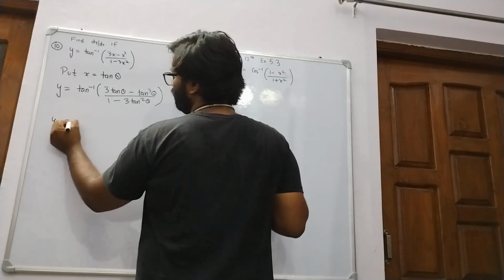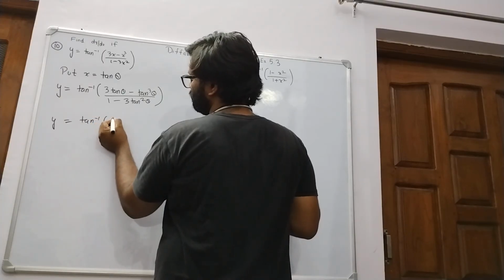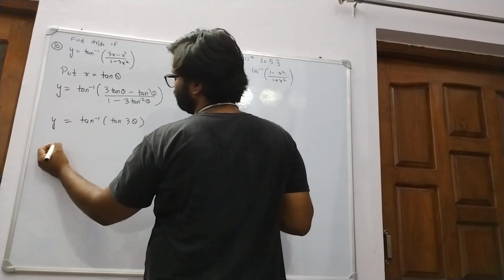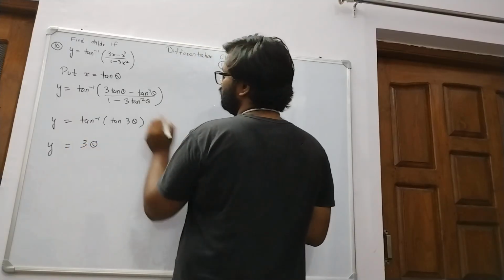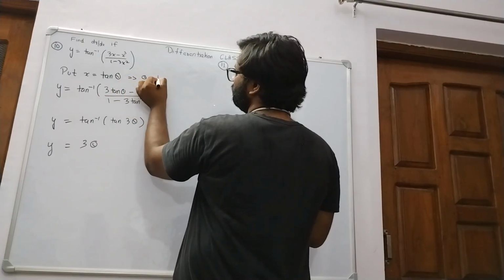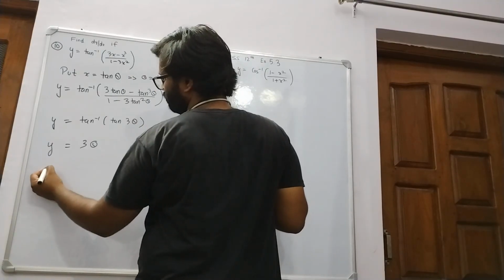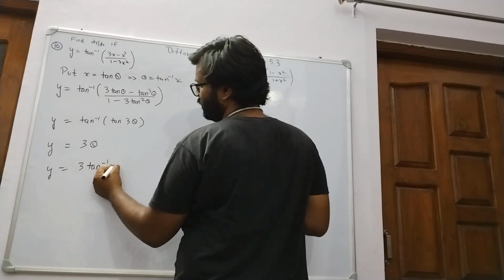So y equal to tan inverse tan 3 theta. So y is equal to 3 theta. Since we put x equal to tan theta, from here theta is equal to tan inverse x. So now y is equal to 3 tan inverse x.